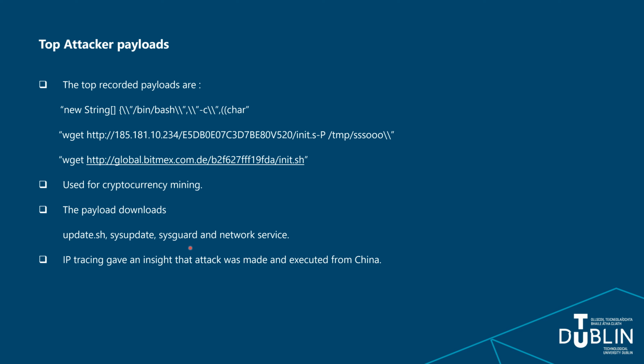The next, sysguard, is used as a watchdog to make sure the scanner and the miner are up and running. The network service is used to scan vulnerable machines and to spread the malware further. Tracing this IP gave an insight that the attack was executed from China.